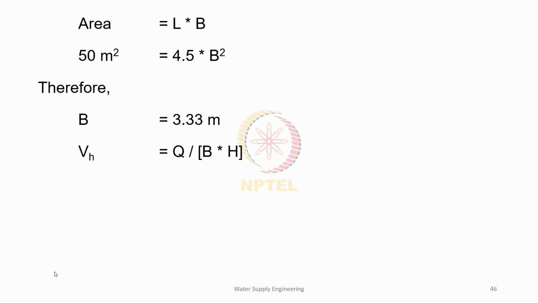So substituting the value in the equation, VH is equal to 25 into 10 raised to 3 divided by 3.33 into 4.5.